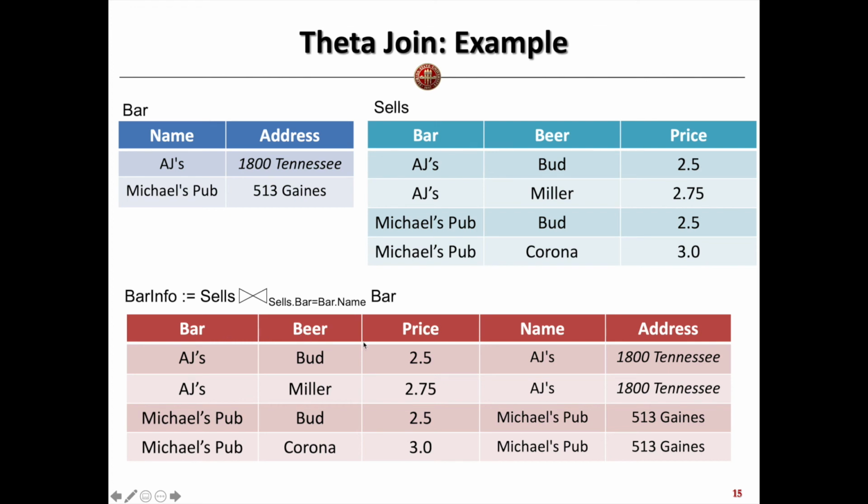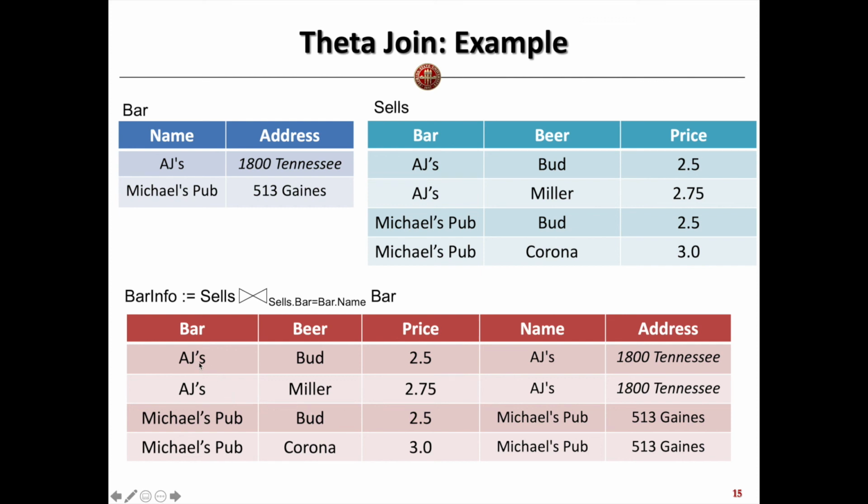We have bar, beer, price from the sales table. We have name, address from the bar table, right? And for the data tuples, if we calculate the product between them, the number of rows will be 8, 2 times 4, right? However, if we further apply the condition for the selection here, then we can prune some rows and delete the remaining ones.